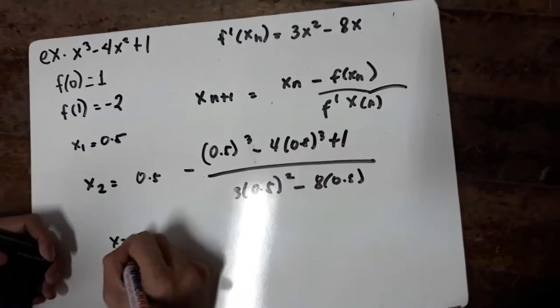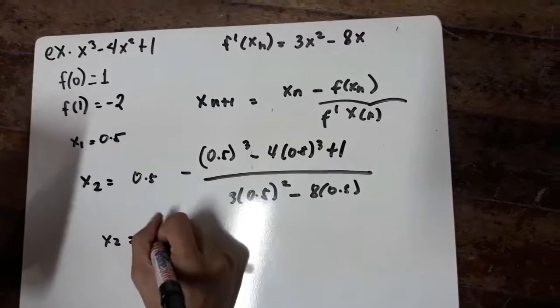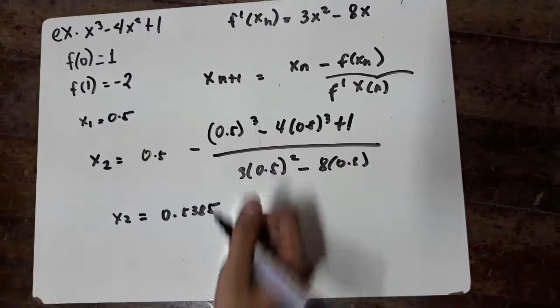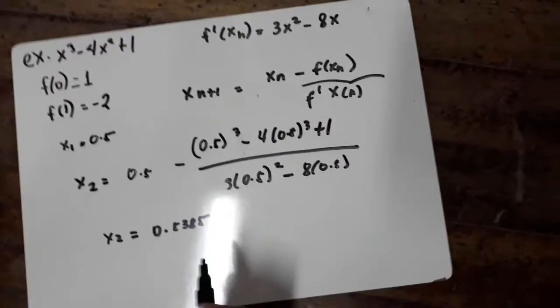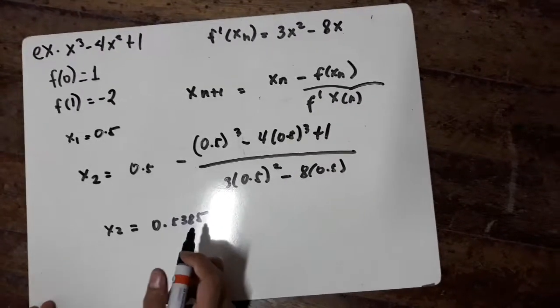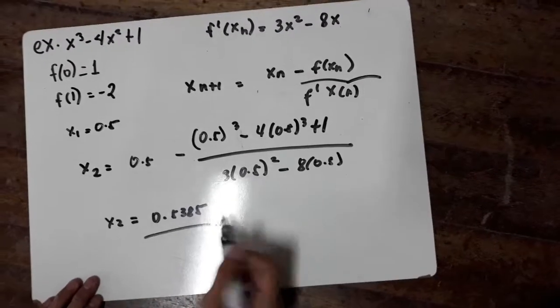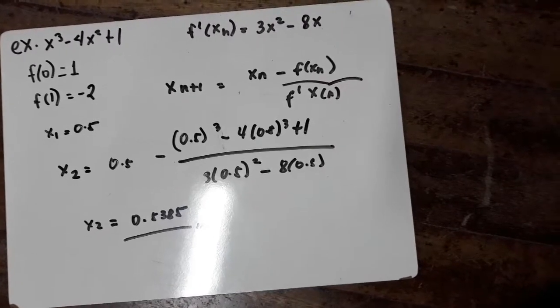So we have a value equal to 0.5385. Since our problem is we just need to find the third iteration, we will substitute this value of x sub 2 into find the value of x sub 3.